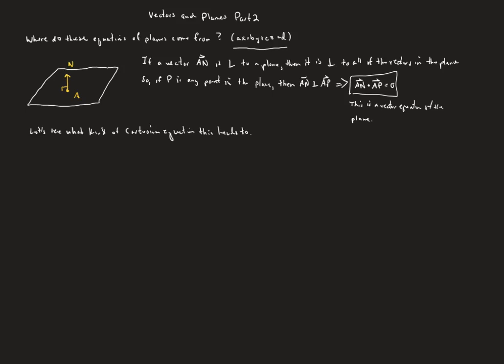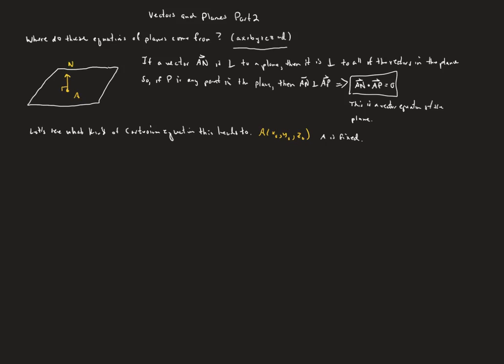So we're going to call A that point that we have up in our picture there. Its coordinates are going to be x sub 0, y sub 0, z sub 0. So there's that initial point on our perpendicular vector, sometimes called a normal vector. So this is now going to be fixed. So A, we're going to say, is fixed. We're not choosing it to be anything at all, and it's not going to move around.